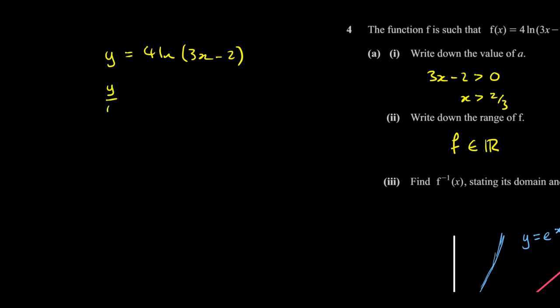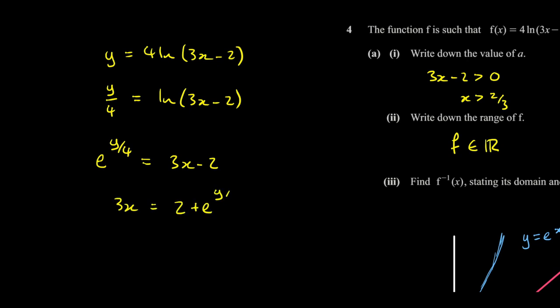So if we do that, we get y upon 4 is equal to the natural log of 3x minus 2. And that means that we can then convert to exponential form. So e to the power of y upon 4 is equal to 3x minus 2. And so therefore 3x is equal to 2 plus e to the power of y upon 4.